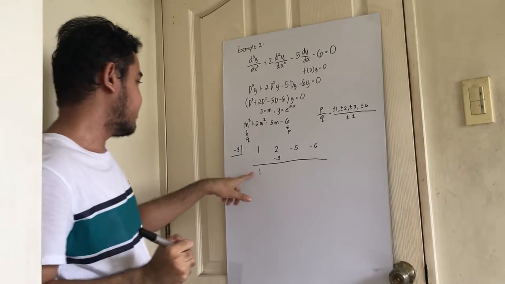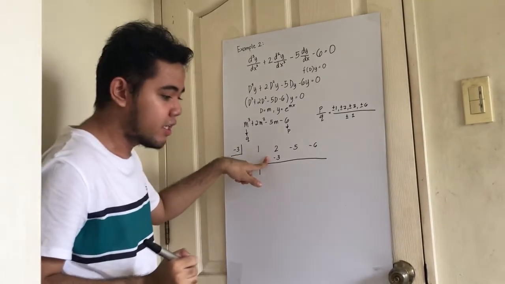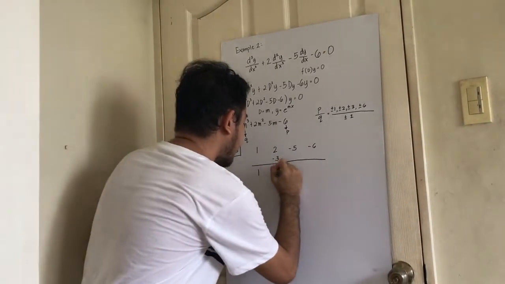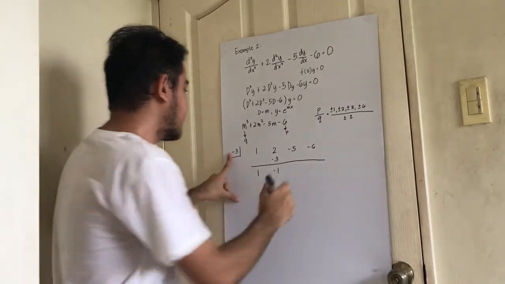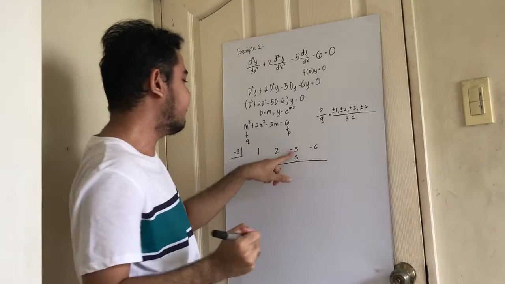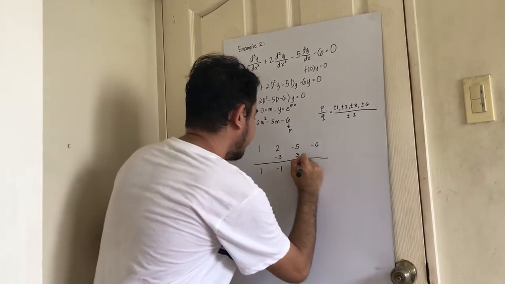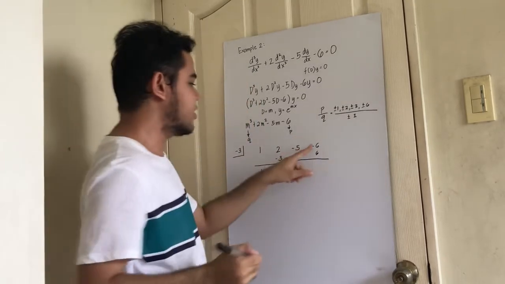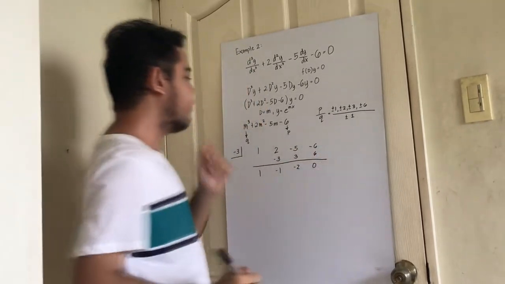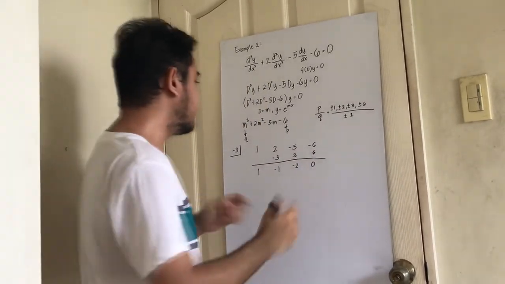So 2 plus negative 3 is negative 1. Then negative 1 times negative 3 is 3. So negative 5 plus 3 is negative 2. And negative 2 times negative 3 is 6. Negative 6 plus 6 is equal to 0. Therefore, your first root would be negative 3.